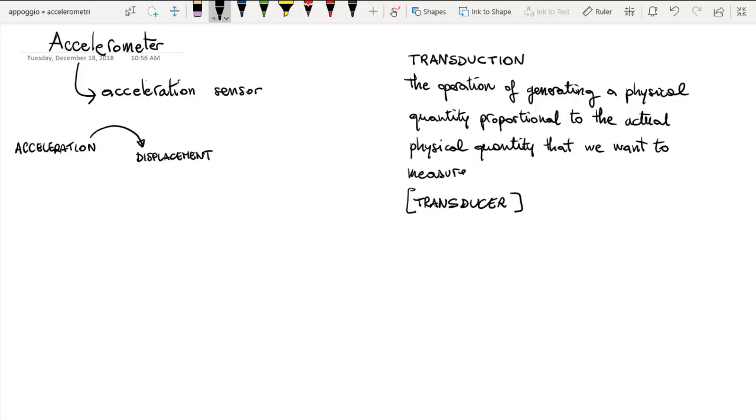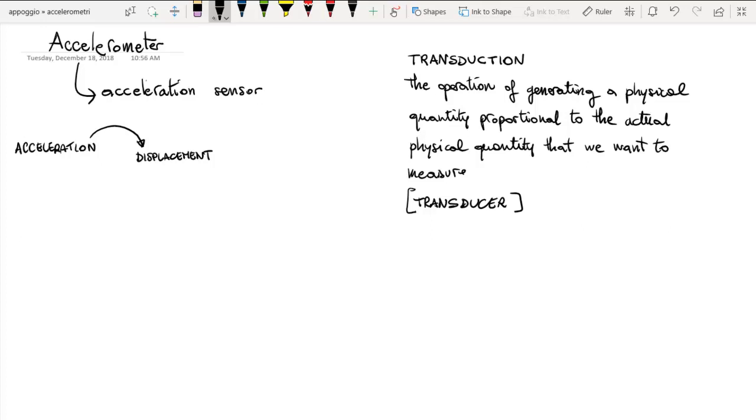Displacement is a variation of position. The acceleration itself is a second derivative with respect to time of a position, and the first thing we do is translate this quantity into a displacement, which is a variation of position.